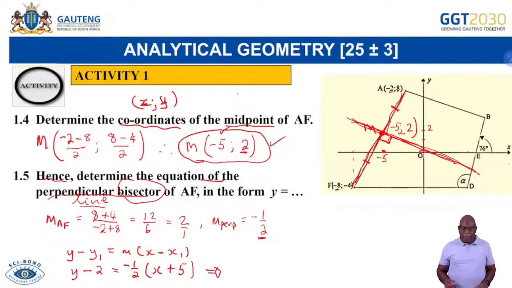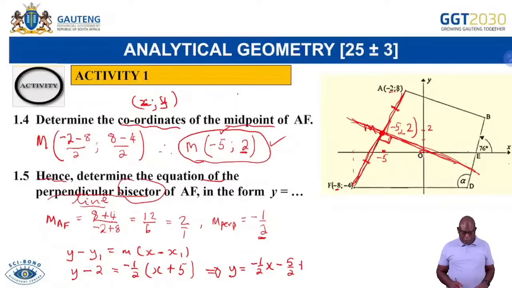Now my equation here, you know how to do this now. y will be equal to negative half multiplied by x, and then I bring over the 2, so I'll have minus 5 over 2.